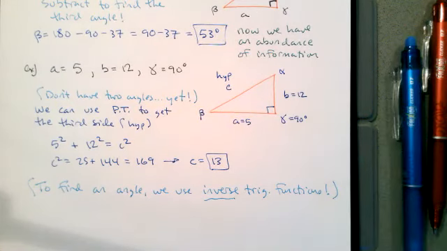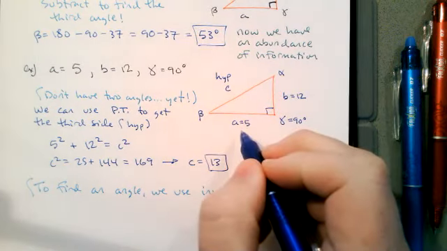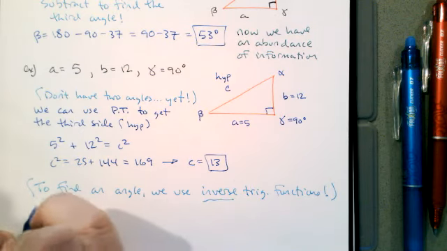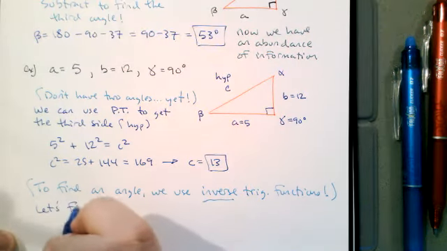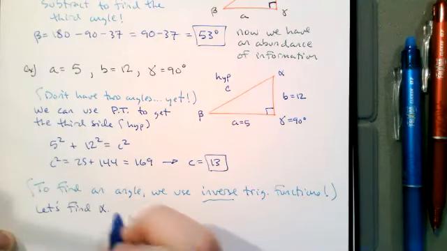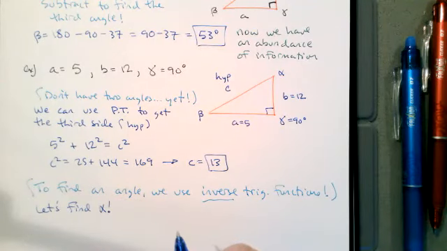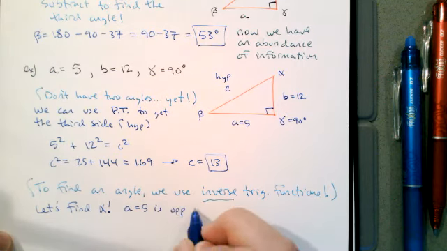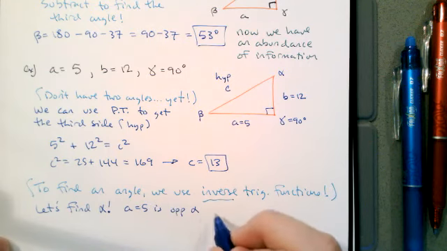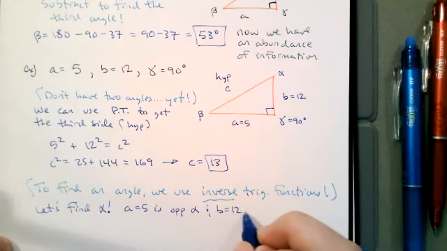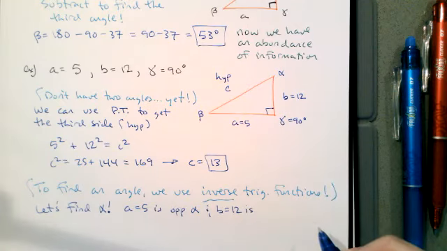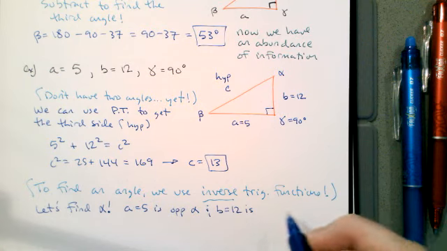So let's suppose that we wanted to find alpha. What is A relative to alpha? A is opposite alpha. And B, which is 12, is what relative to alpha? Adjacent.